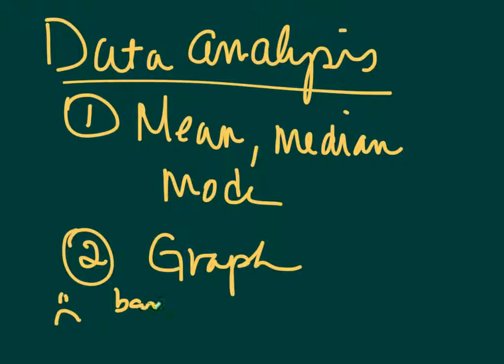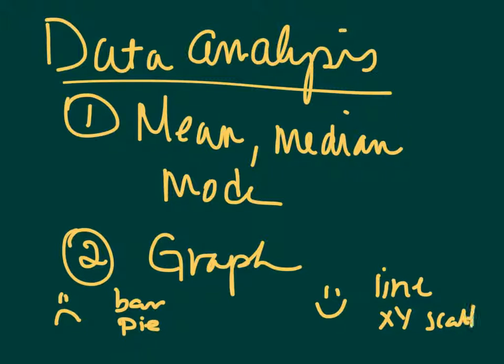Frowny: bar and pie. Smiley: line and XY scatter. And this has a lot to do with number 1 again. I cannot determine the slope of a pie chart. I cannot do y equals mx plus b for a bar graph.